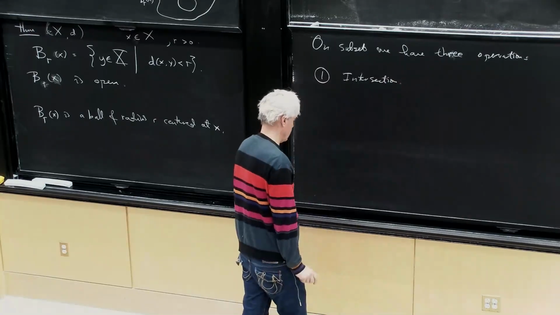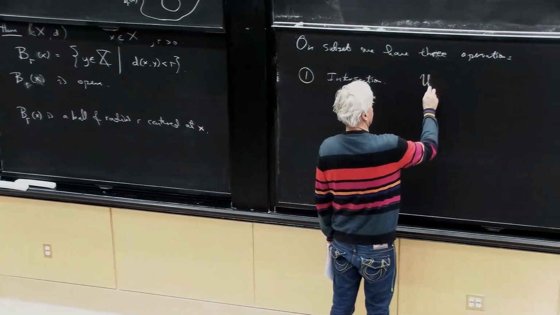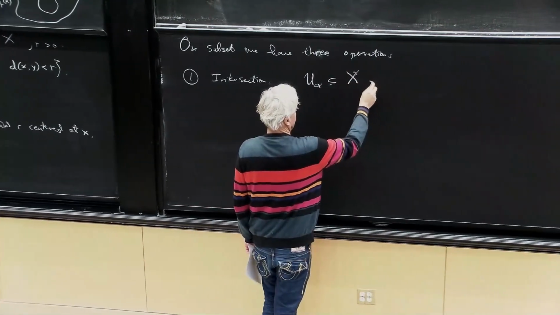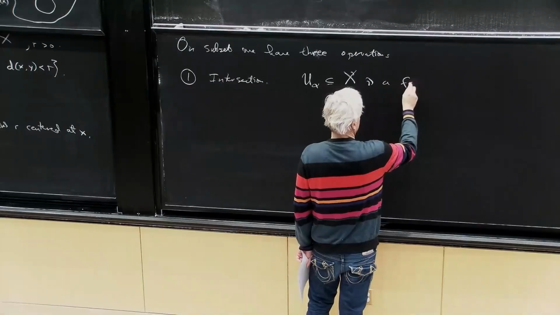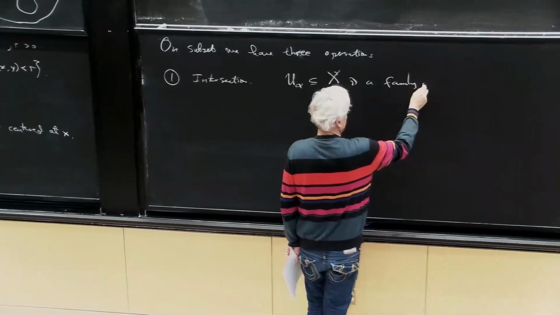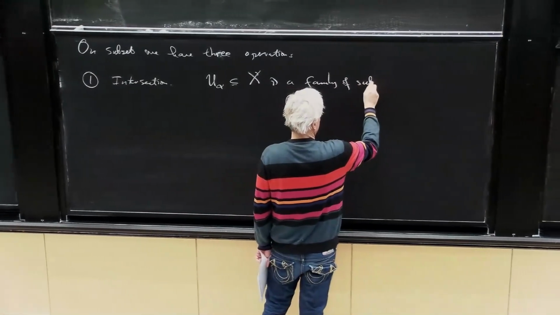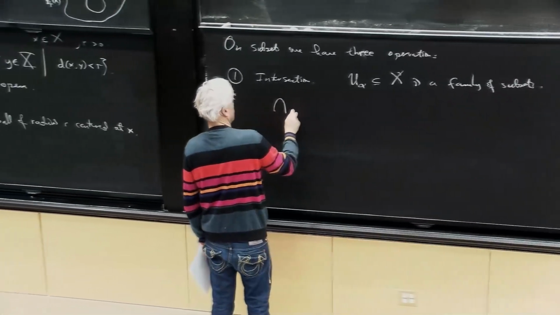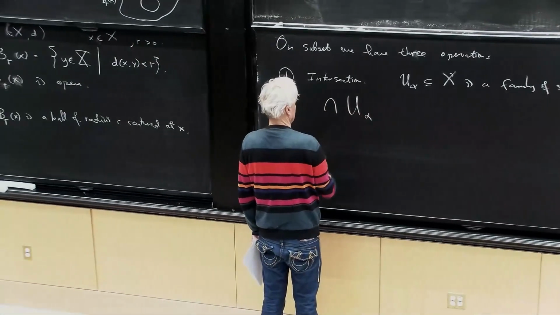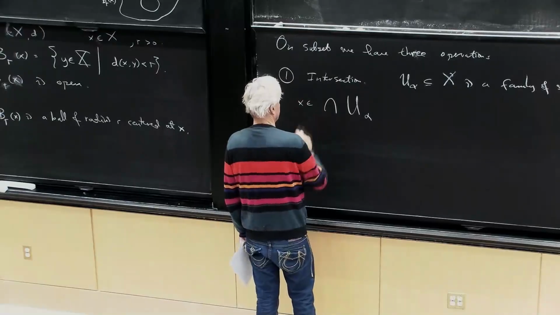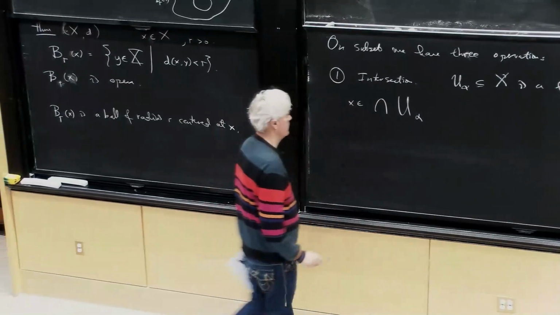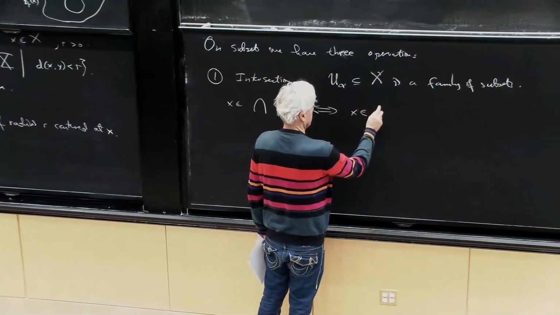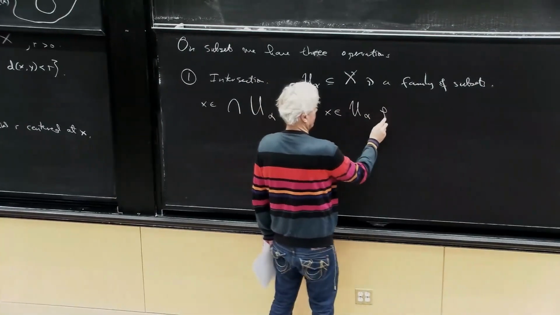If U_alpha is a family of subsets, then we look at the intersection of all these subsets. And x is in this intersection just means that x is in U_alpha for all alpha.